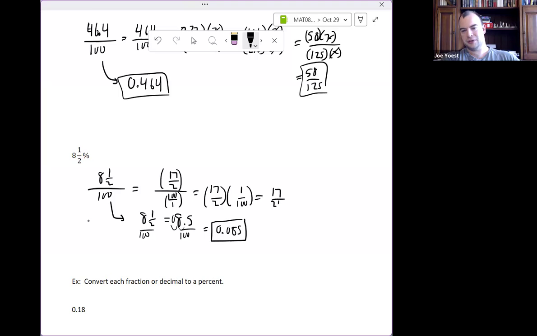Or this is 17 over 200. 17 is a prime number, and it's the only factor in the numerator, and I don't have a factor of 17 in the denominator for it to divide out. So this is in simplest form. So I could write it as 17 over 200, or 0.085 for 8.5%.